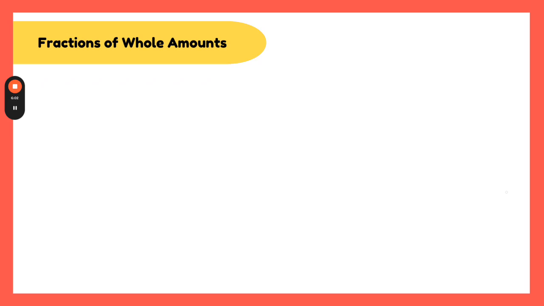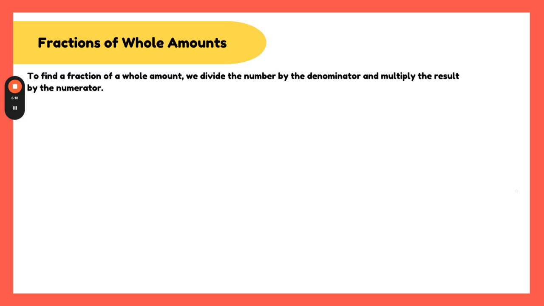So now we've understood how to represent fractions and what simple fractions are, we can use this to find fractions of whole amounts. To find a fraction of a whole amount, we divide the number by the denominator and multiply the result by the numerator.